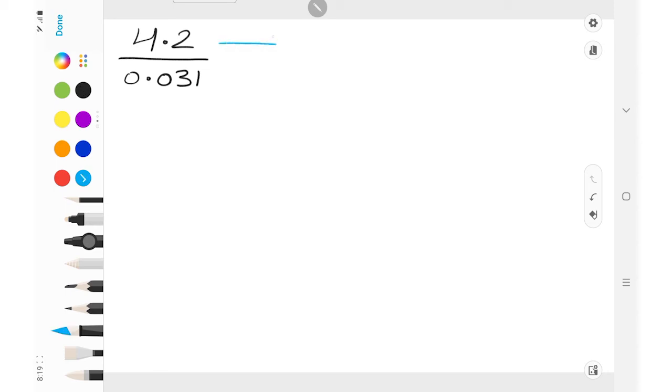Now for my 4.2, when it's decimal, and here I have two significant figures. This is my second figure, which is the 2, and the 4 is the first. So it's 0.1 divided by 2, and it's 0.05. Like the one decimal place, it's the same. Now for the second number, my second figure is the 1.